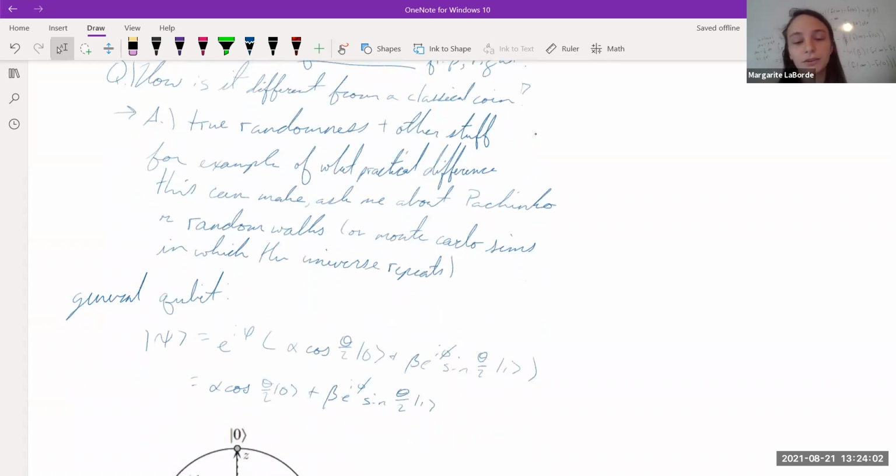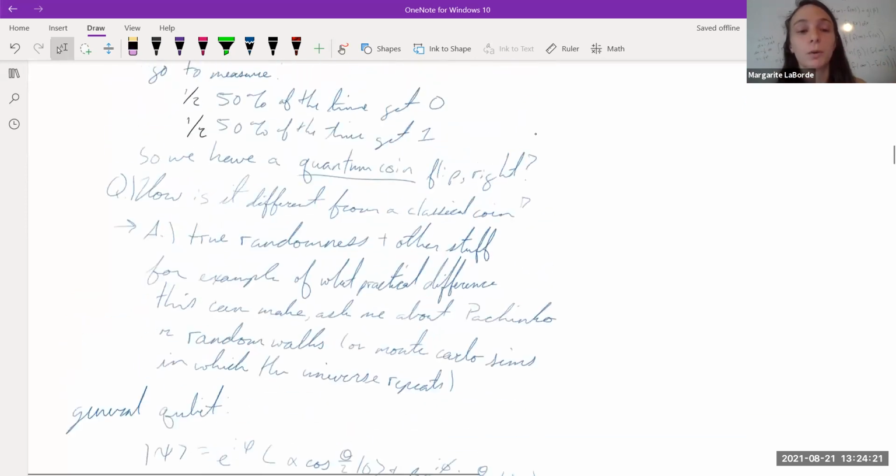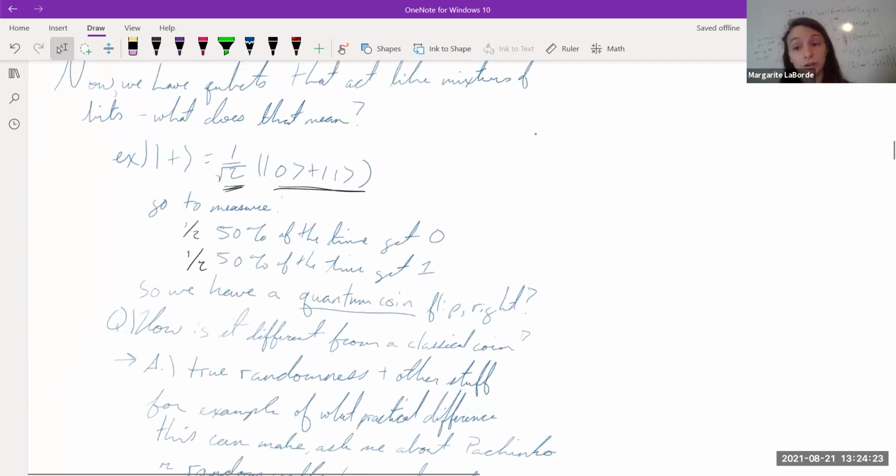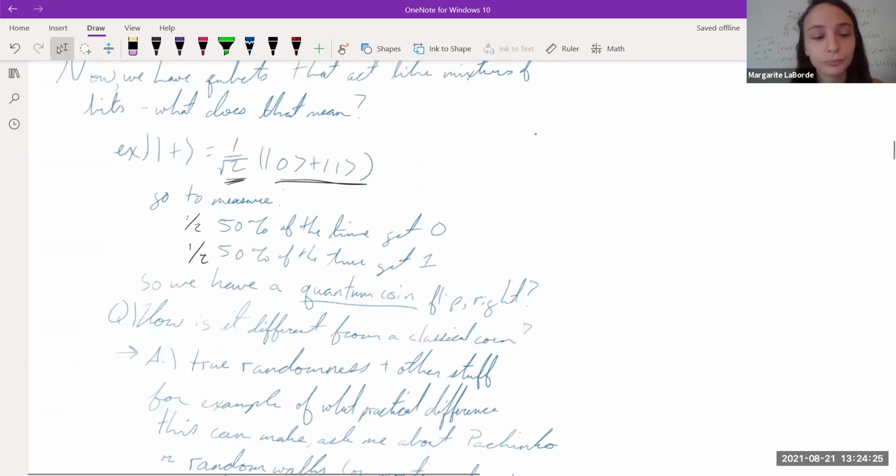Also, there's an infamous case where Monte Carlo sims predicted that the universe repeats, which, spoiler alert, it doesn't, as far as we're aware. So there are instances where you would really want true randomness that classical coins cannot give you, but a quantum mechanical coin that looks like this superposition might actually be able to do that.